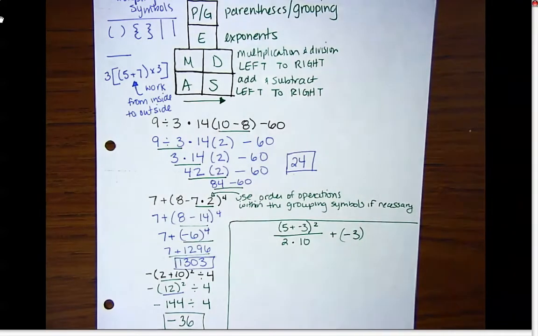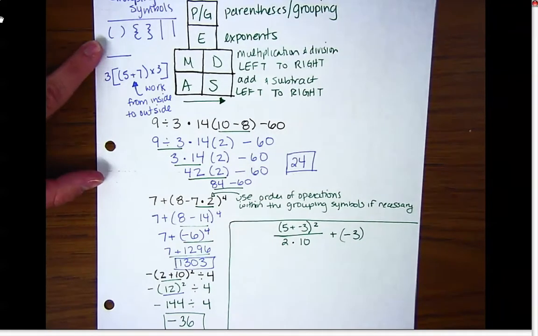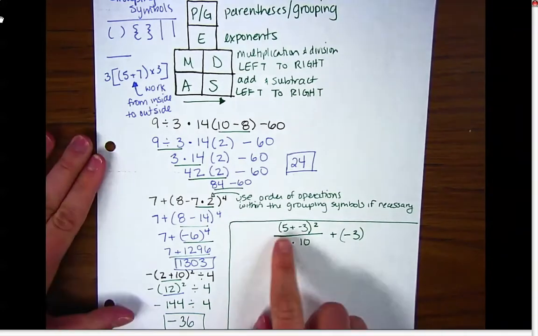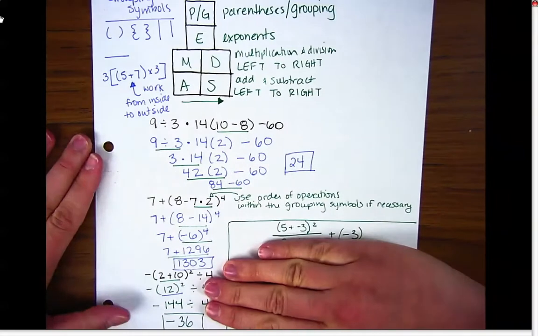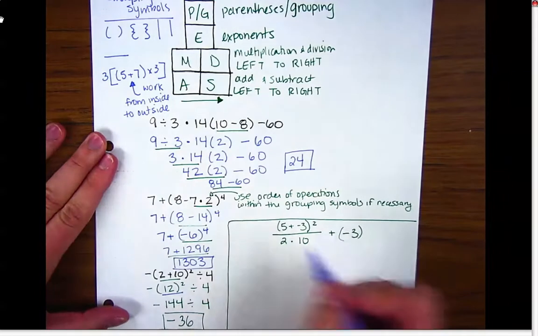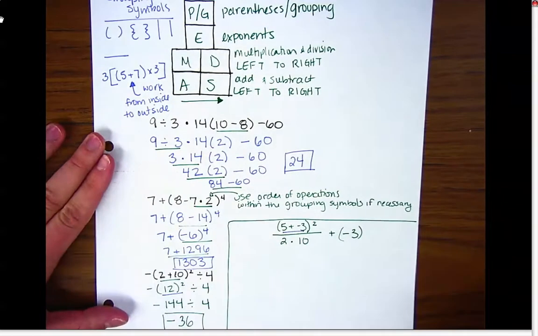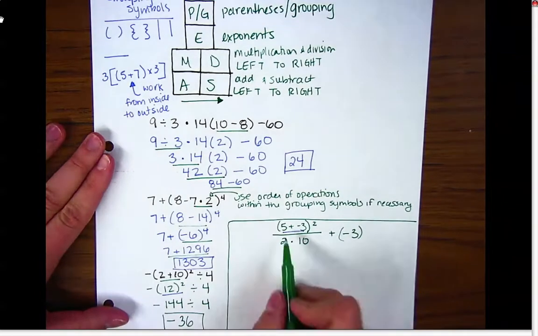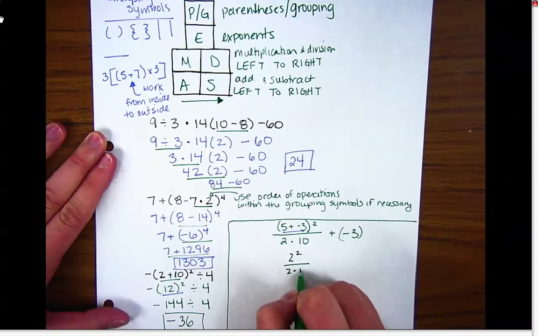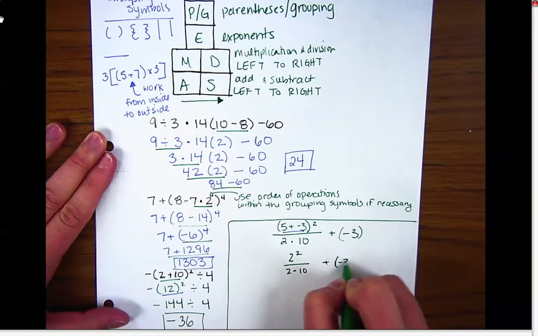Remember when we were talking about grouping symbols up here, and I mentioned that we're going to simplify our numerator, simplify our denominator? That's what we're going to do now. So we're going to look at just the numerator, and we're going to do order of operations here. I'm going to start inside the parentheses. 5 plus negative 3 gives me positive 2. So now I have 2 squared over 2 times 10 plus negative 3.